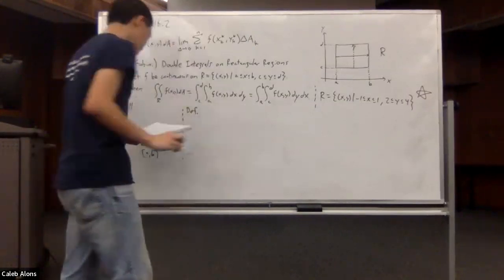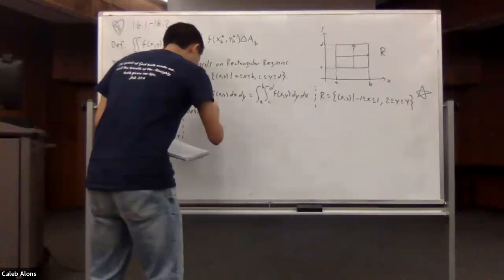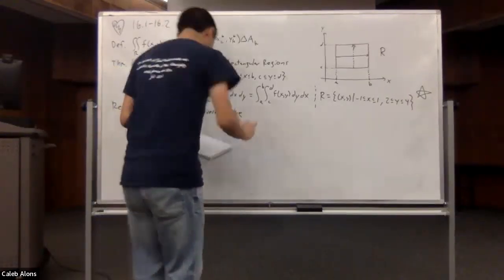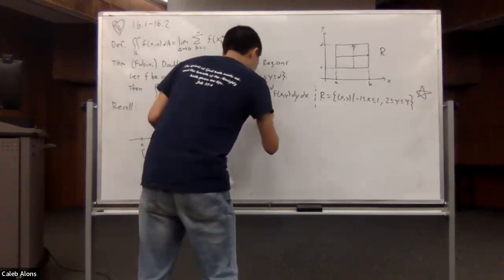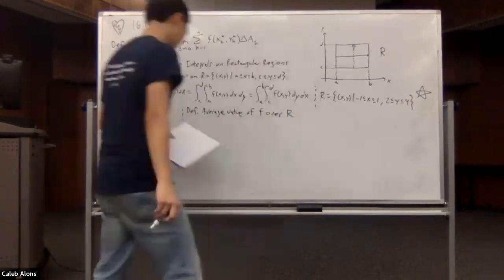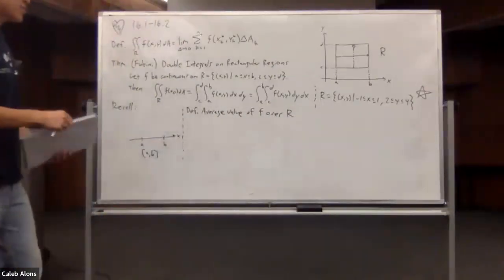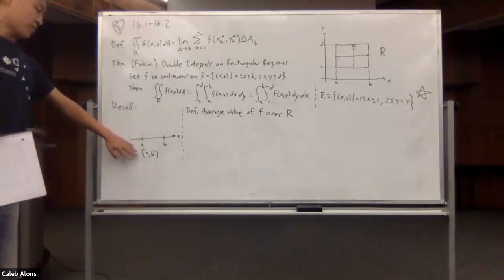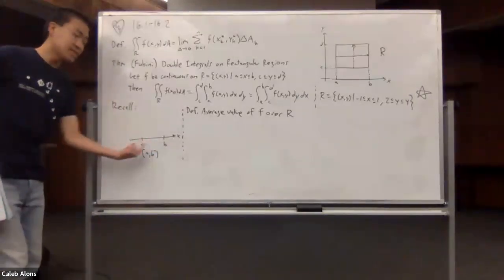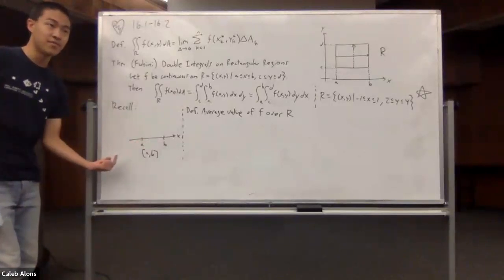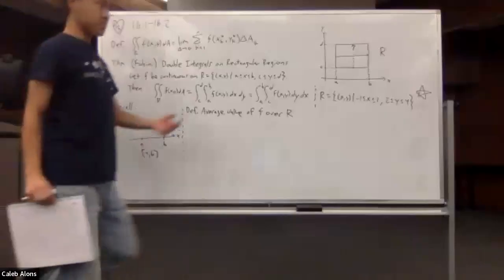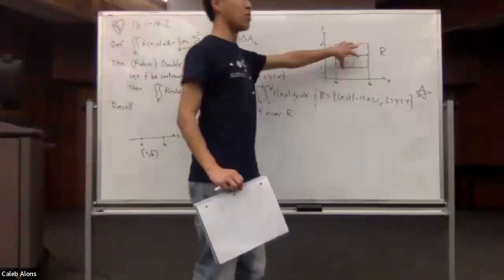The definition, and I know you did this yesterday too, of the average value of a function f over some region R is going to be very, very similar to the average formula for Calc 1. The average formula for Calc 1 is simply 1 over the distance of your interval, and then the regular integral. Now, we don't have just a linear distance, we have a whole area.